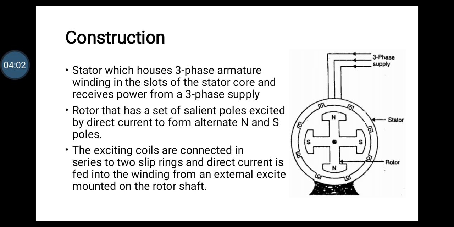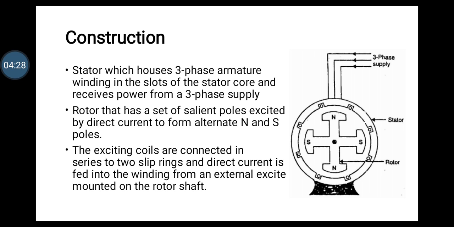The stator is wound for the same number of poles. For example, if the number of poles in the rotor is 4, then the stator is also wound for the same number of poles as the rotor poles. So 4 poles will be in the stator, and the rotor will also have 4.